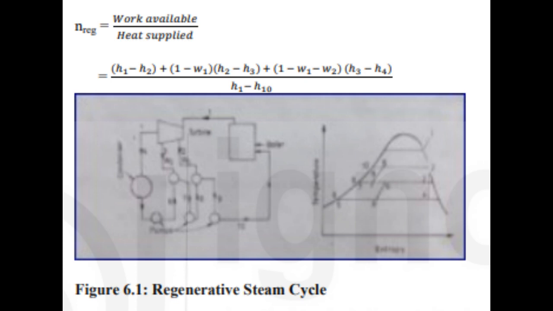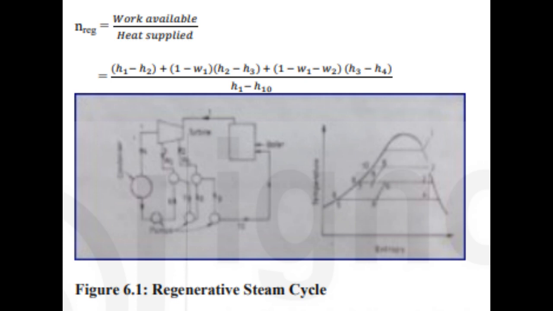This gives a practical limit to the number of heaters required. Theoretically, the efficiency of the cycle would approach the Carnot cycle efficiency if an infinite number of heaters were used. In actual practice, not more than 5 bleeds are usually employed.